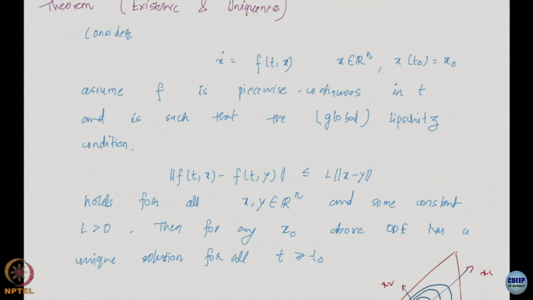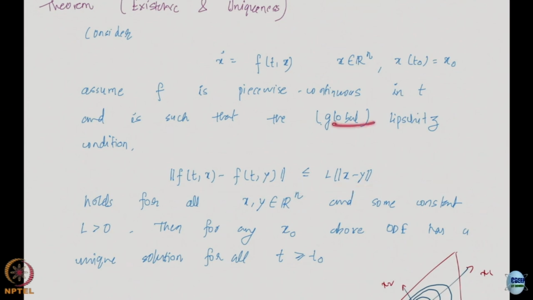You can see that if you have this kind of property, it guarantees differentiability. So this is something more than differentiability. This is: the norm of f(t,x) minus f(t,y) has to be less than or equal to L times the norm of x minus y.